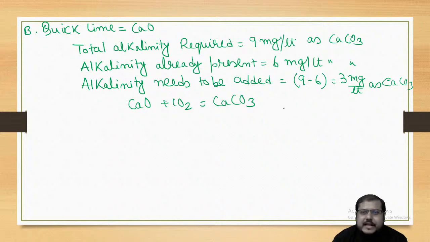So molecular weight of calcium oxide will be 56.